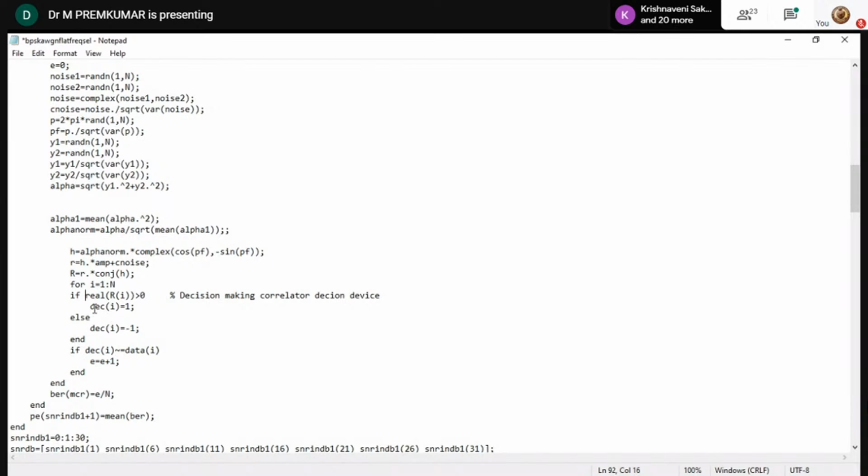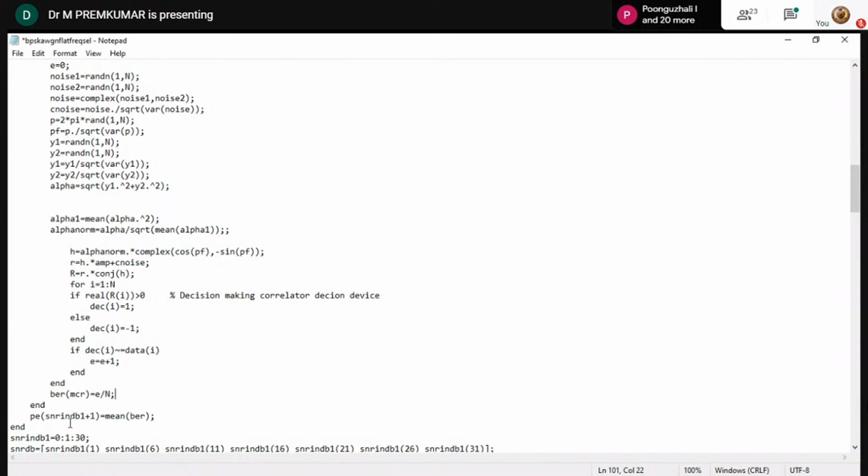You take the decision device. Similar to the previous problem, this is also BPSK. You compare the decision vector and the data vector, you calculate the error, then you find the bit error rate, which is nothing but the number of errors in comparison between the transmitted one and the received one.